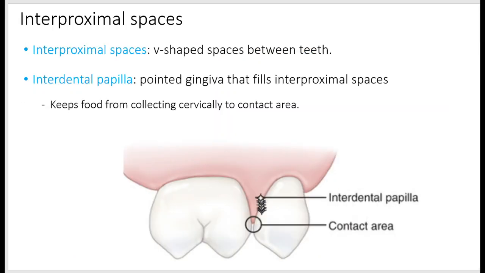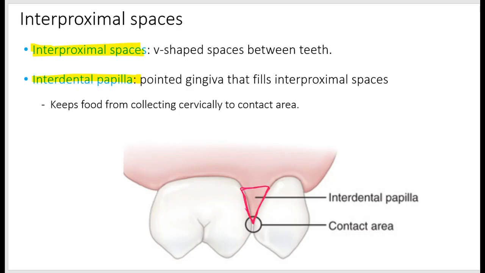Okay, so these spaces that we said, the proximal spaces, we call them interproximal spaces, technically between the two teeth, right? And that space, in the normal healthy gum, will be occupied by the interdental papilla. And that is the interdental papilla here. You can see this is technically part of the gum, and we talked about it in preventive as well.